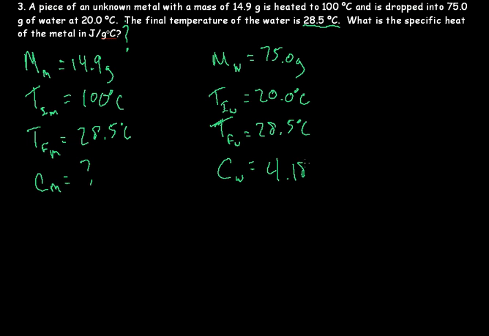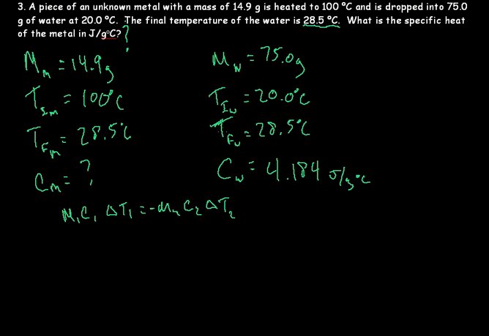So we'll do 4.18. I think when I did my numbers, I did 4.184, took it one place further, but if you just kept it at 4.18, you'll get a similar answer. That's joules per gram degree Celsius. So we're going to use the equation M1 C1 delta T1 is equal to negative M2 C2 delta T2.